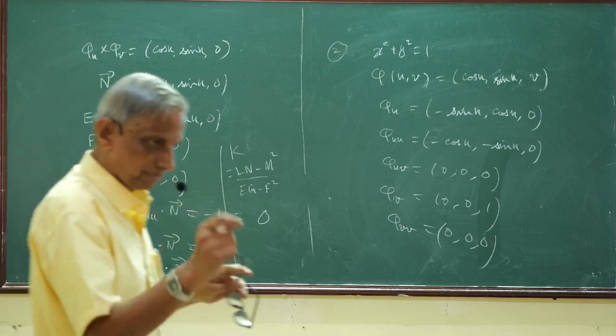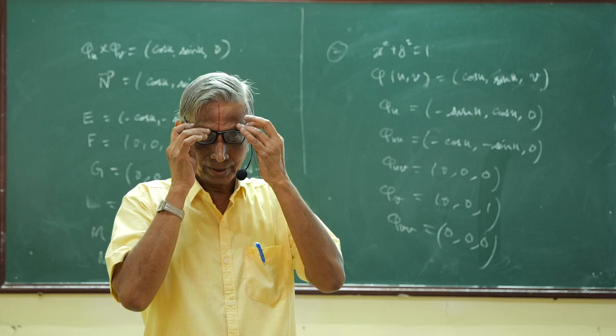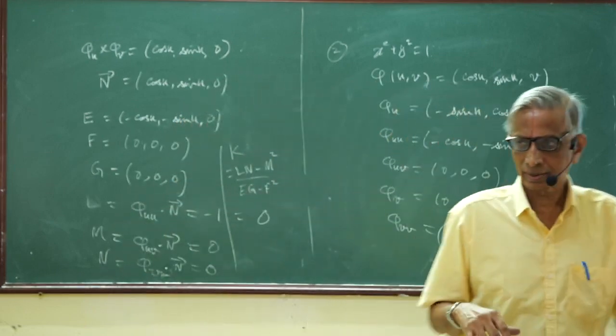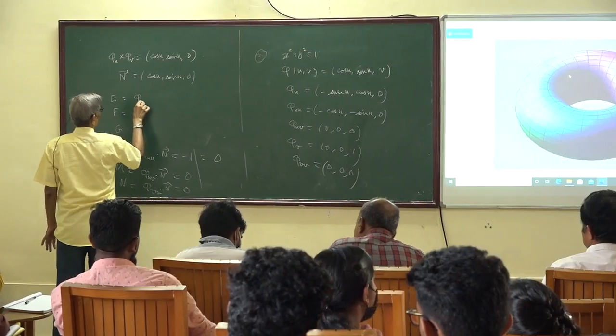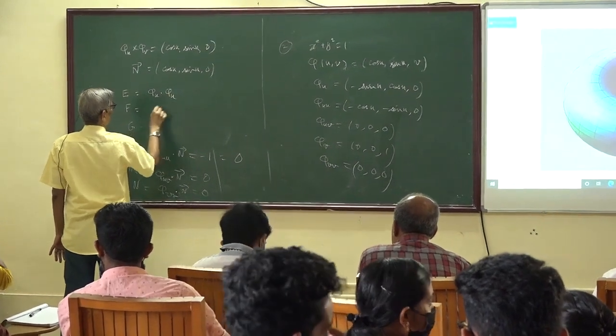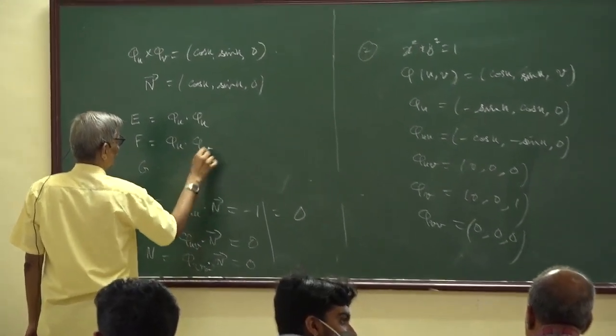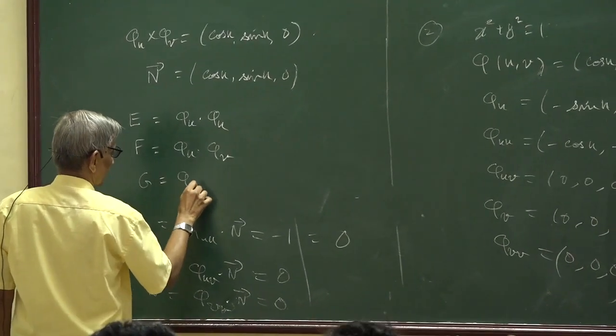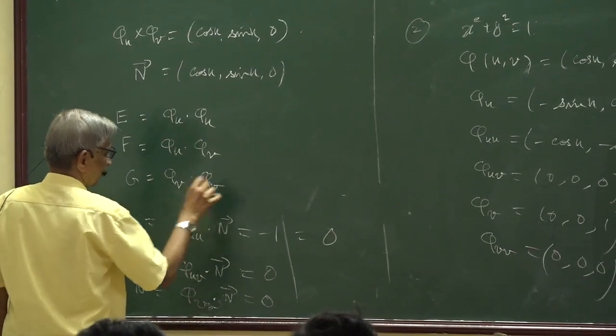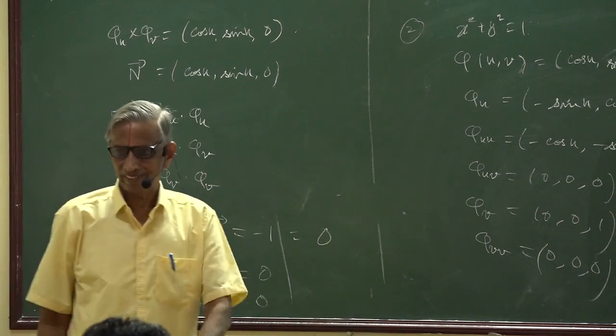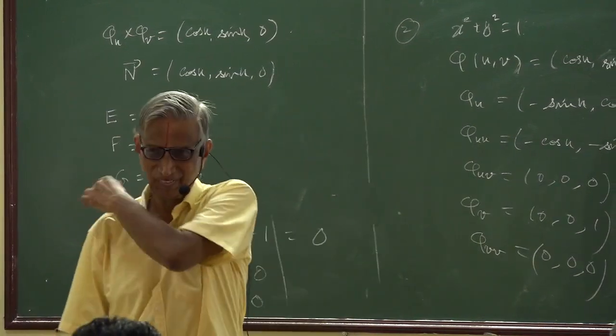Phi u dot phi u. That's what E is. E, F, G are not vectors, they are numbers.